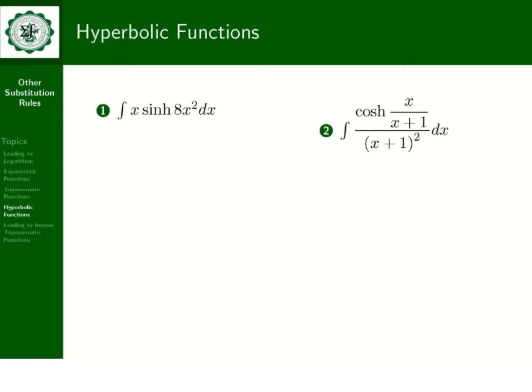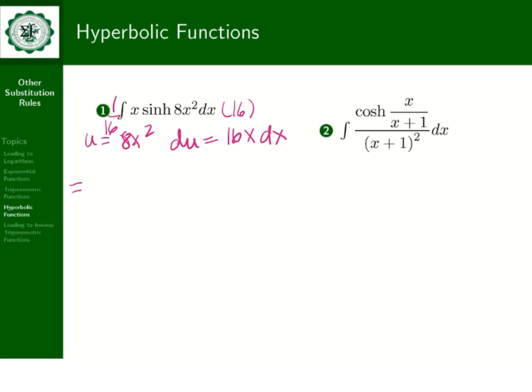For the first example, we have the integral of x times sinh of 8x squared dx. So here we let u be 8x squared, and then du is 16x dx. So notice that we need to multiply our given by 16 and then 1 over 16 outside.